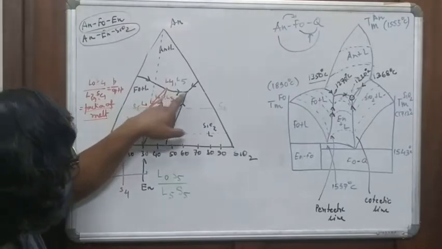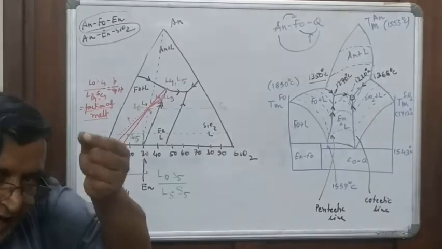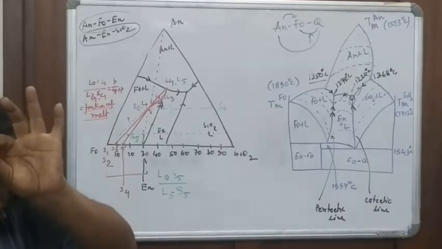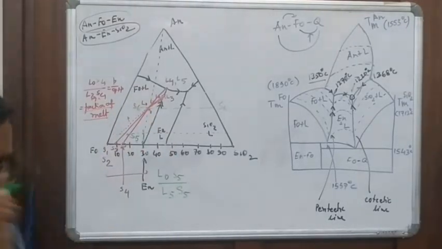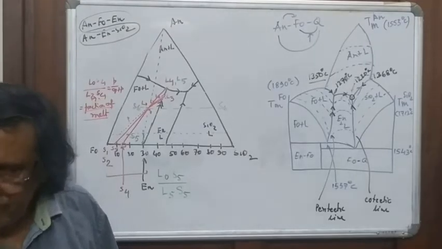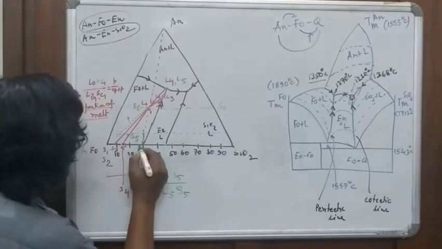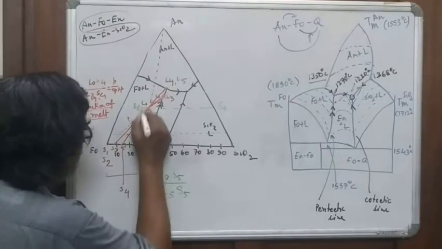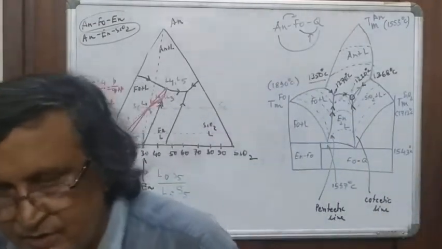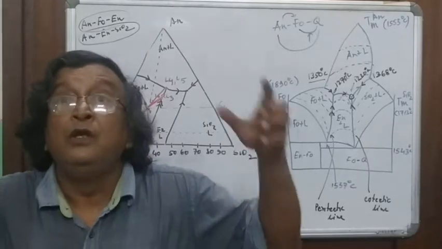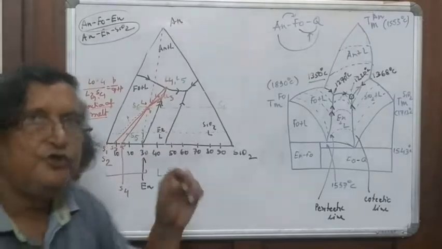The liquid has to move into this field where forsterite, enstatite, anorthite and silica become equilibrium. So there will be a point in this line somewhere. The moment you cross over, if forsterite becomes 0, then it's completely different. The liquid will be forced to move into the eutectic.